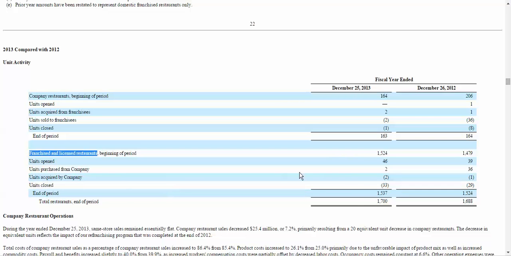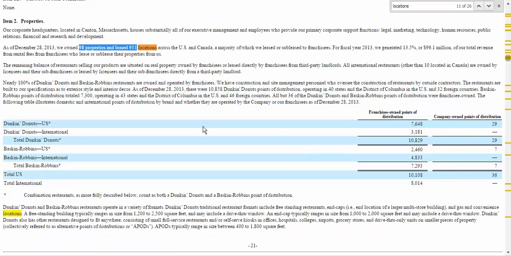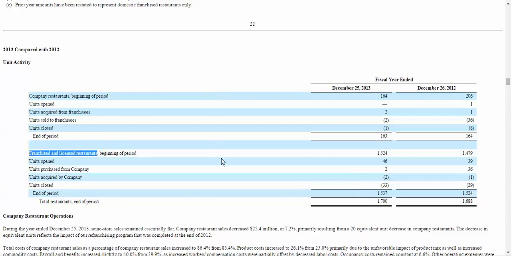Now they are giving us more information here. It's very interesting because we're also interested in gathering that data, and I haven't walked you through how you will find this information in Dunkin's, but let me show you for Denny's. So we do have how many company-run restaurants were at the end of this period, which is December 25th, 2013, right?